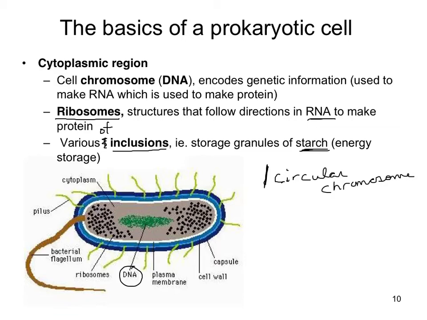So if there's excess food in the environment, many microbes will store it for later times when there isn't as much food. They'll store it in the form of granules of insoluble, or not dissolved, starch. There are other features inside the cytoplasmic region that we could discuss, but these are the basics, and I think if you can learn and remember these, you'll have a pretty good understanding of prokaryotic cells.